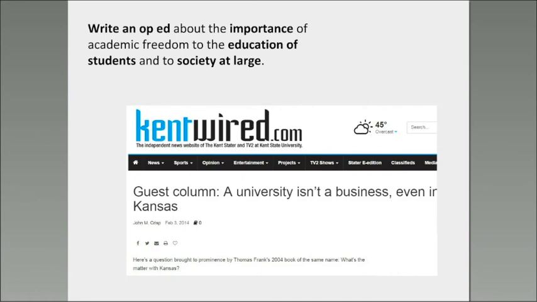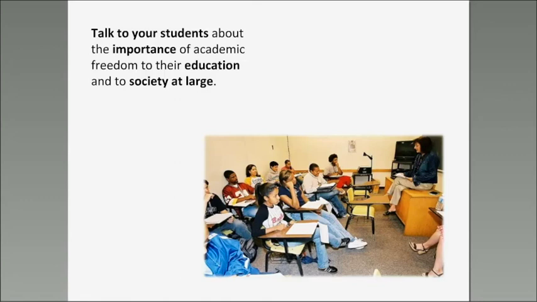You could write an op-ed about the importance of academic freedom to the education of students and to society at large. You can talk to your students about the importance of academic freedom to their education and to society at large.